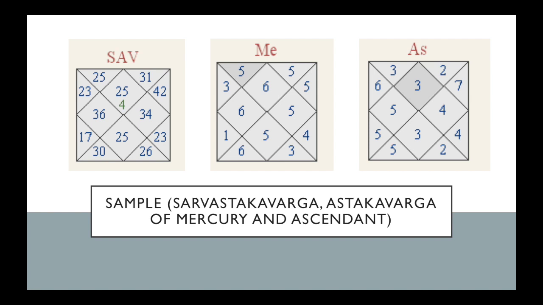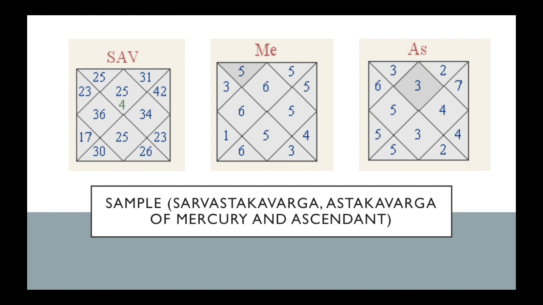Vinastakavarga of Mercury, for example, is if I make Mercury's sign the ascendant and look at the chart, how many benefic points can I give to each of the houses through Mercury, or how many benefic points does Mercury give to each of these houses. This can be anywhere between 0 and 7 points, 7 being the maximum and 0 being the minimum.